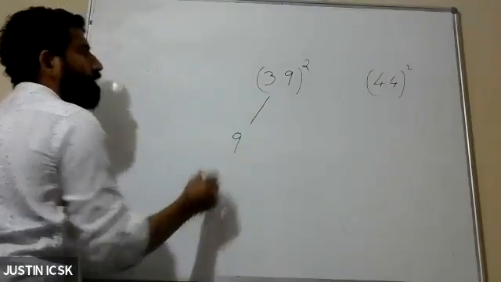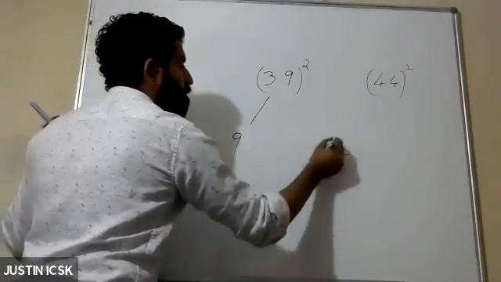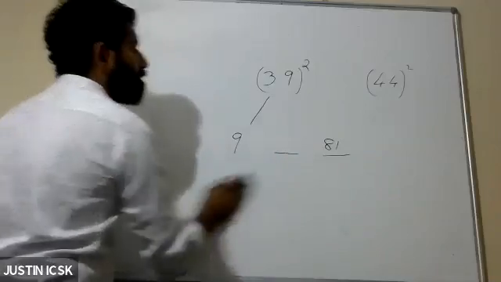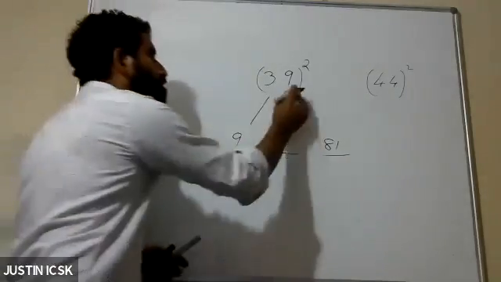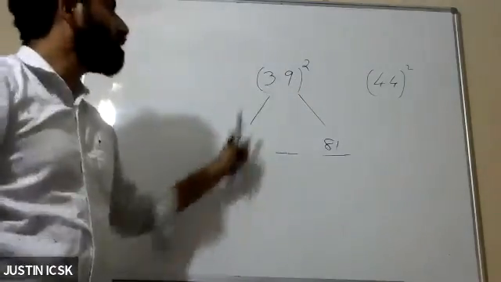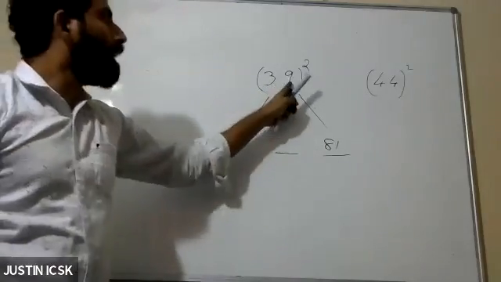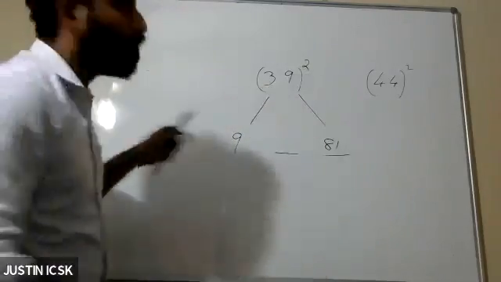3 square is 9. 9 square is 81. 9 threes are 27. 27 into 2, 54.